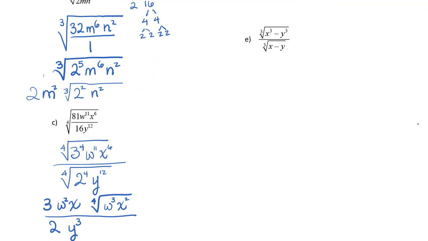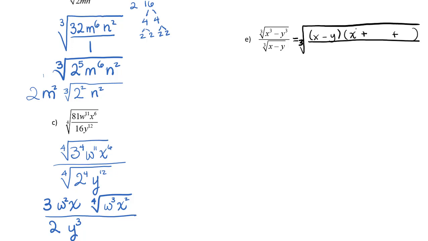Last one we have here is a cube root of x cubed minus y cubed over the cube root of x minus y. I have a feeling we need to rewrite this as one giant cube root. In the numerator, we can factor the difference of cubes. I'll have an x minus y. Same opposite, always positive.